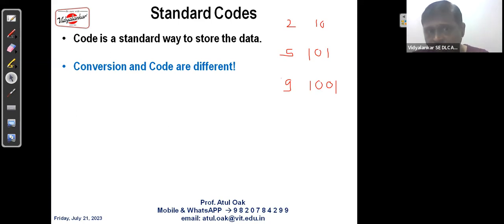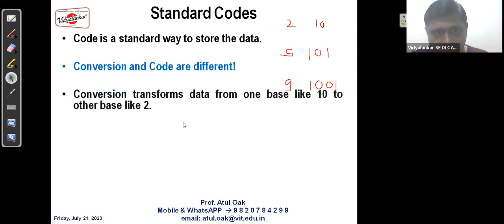But after you do conversion, what we require is a code, and we need code for standardization. It's a standard way how to store the data, a standard way how to present the data. You will understand in the next slide; we will take an example and it will make sense, but this is the background.